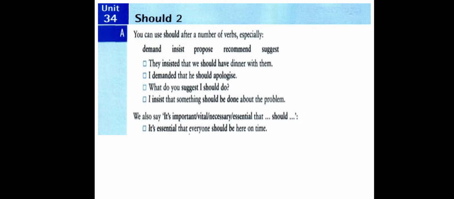The fourth example, I insist that something should be done about the problem. After the verb insist, we have that clause, that something should be done about the problem, and we have here should plus be, the base form, followed by done about the problem.